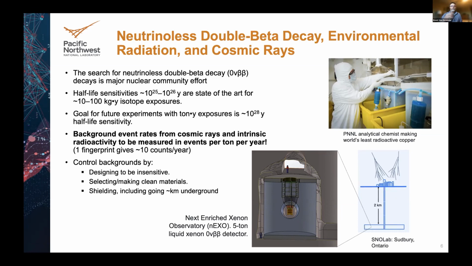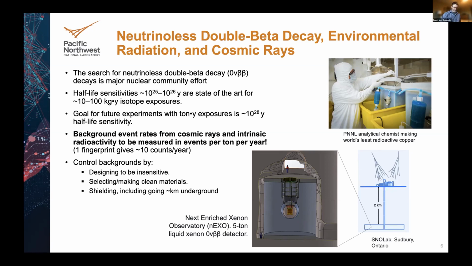The goal for the upcoming class of experiments we call the ton scale wants to increase that to 10^28 years. Even with tons of material exposed for several years, we would expect to see only a few of these. And so it is really critical for us to control background events from environmental radiation, things like impurities in our detector materials, cosmic rays, and so on.